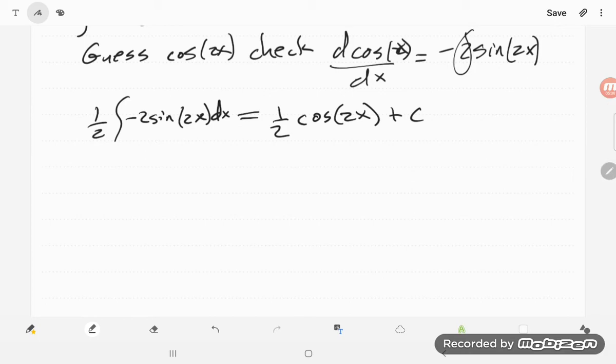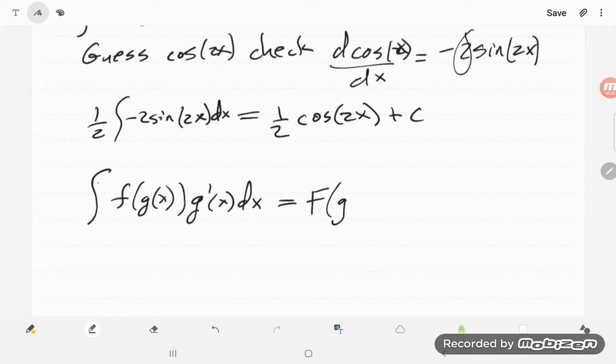And so when you think about it, what we're trying to do is, if we recognize that we're finding the antiderivative of something like f of g of x, and then times g prime of x dx, I recognize that the answer to this should be uppercase F of g of x plus an arbitrary constant.